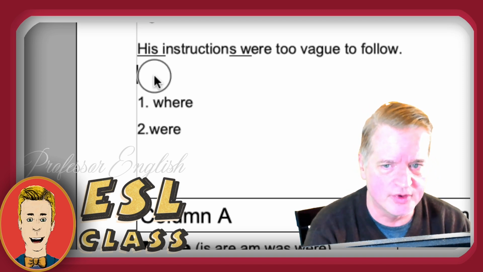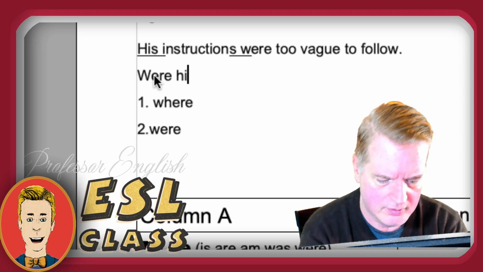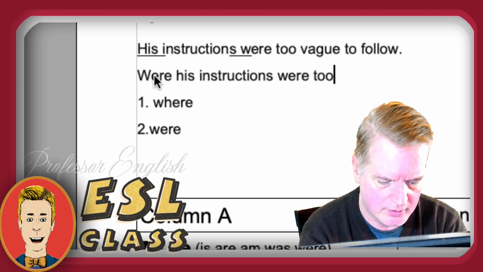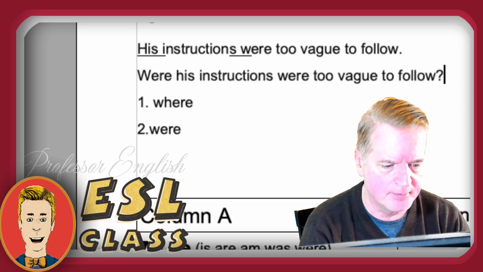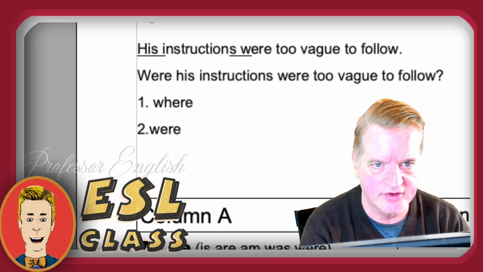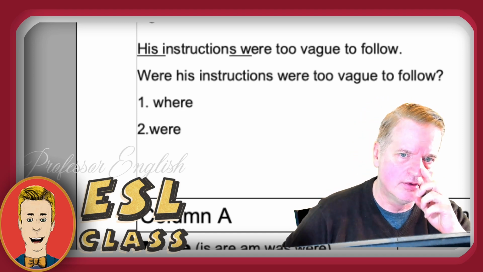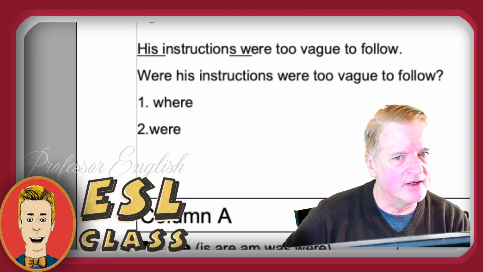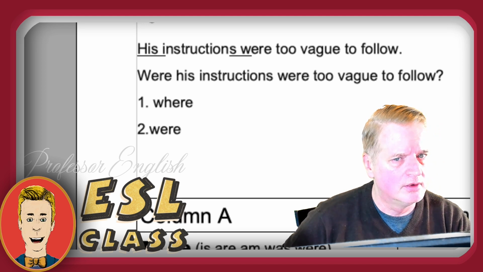Okay, I'm just going to show you something very quickly. Actually, I'll just write what you said. Let me know when you can see the question that I have written. Can you identify a mistake? Yes, I used where twice. That's right. So what would be the correct way to make the question? Were his instructions too vague to follow?